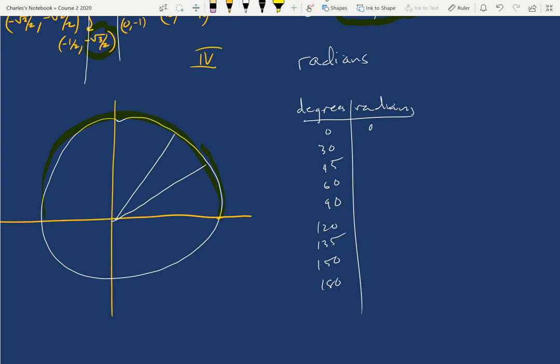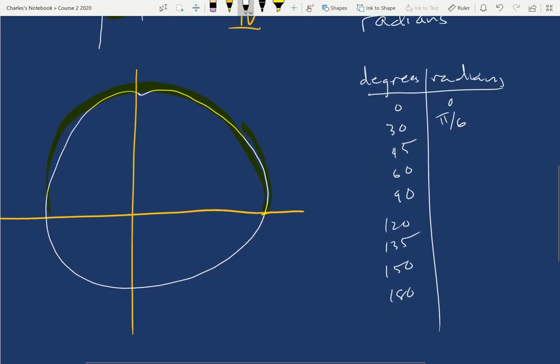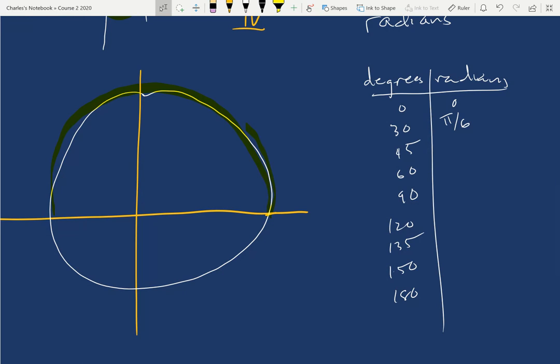We know that pi is 180 degrees, and you could fit 6 30-degree angles in 180, so I think of 30 as pi over 6. How many 45-degree angles go in 180? It takes 4 45-degree angles to make a half circle. How many 60-degree angles does it take to make a half circle? 3. How many 90-degree angles? 2.